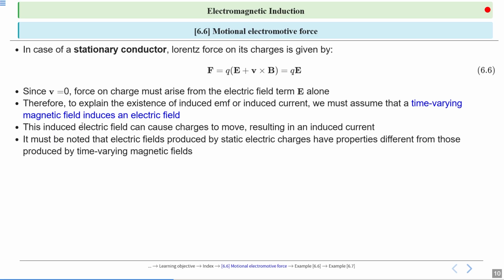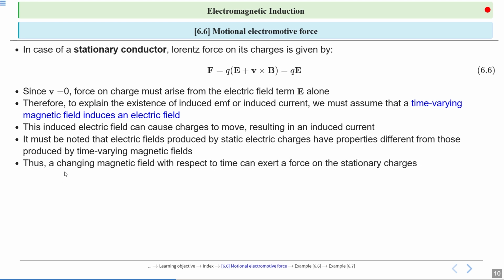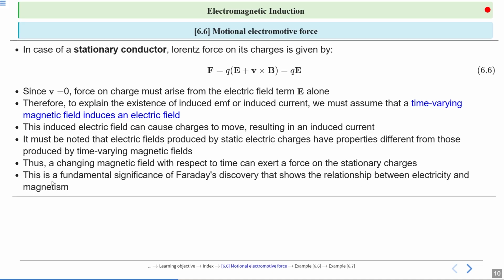That is the major difference between them. Thus, a changing magnetic field with respect to time induces an electric field and can exert a force on stationary charges. This is the fundamental significance of Faraday's discovery.